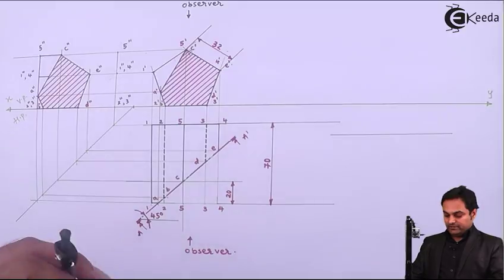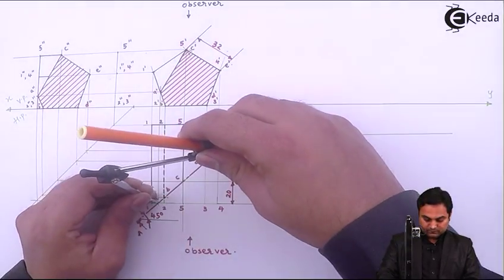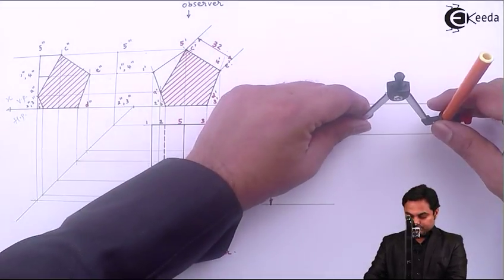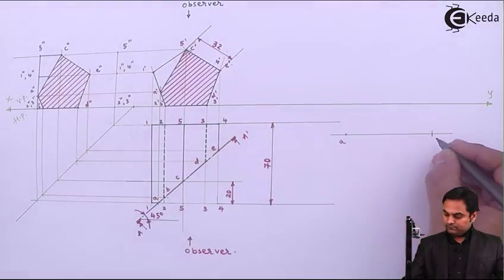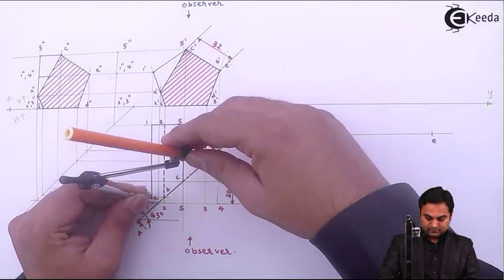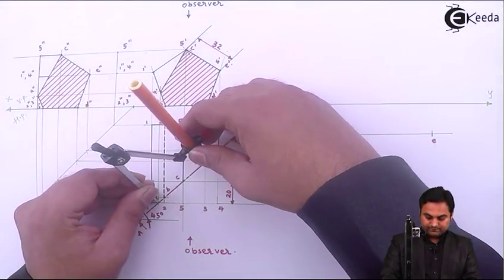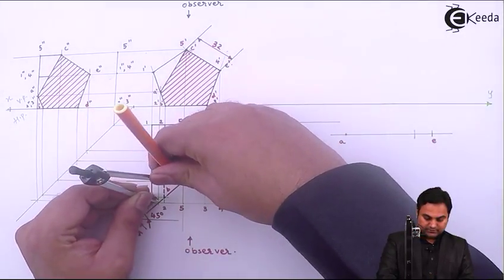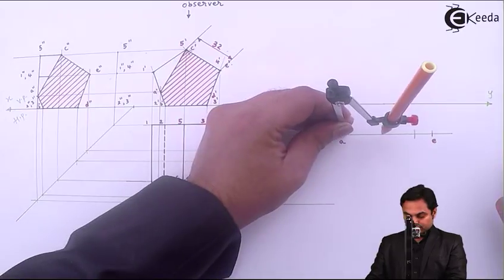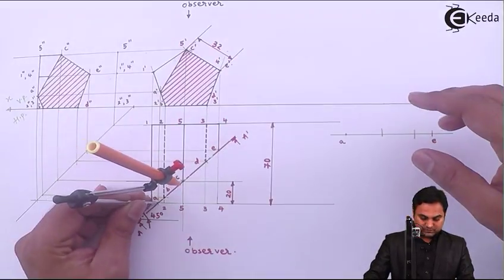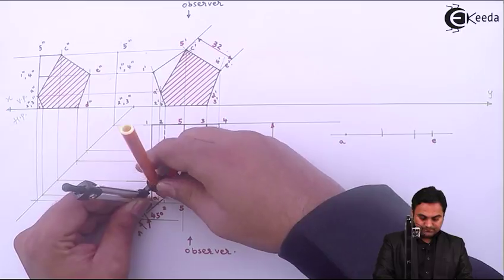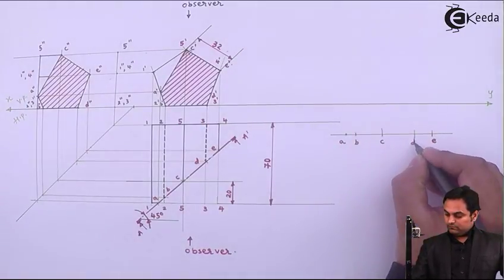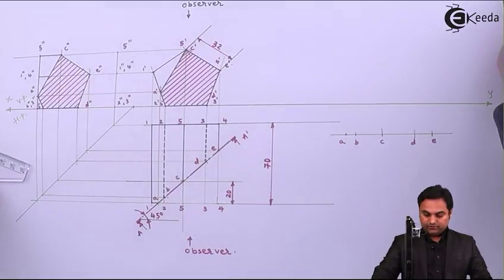Measure the length of the cutting plane from A to E. Then from A to D, A to C, and A to B. Projecting the points upwards one by one.